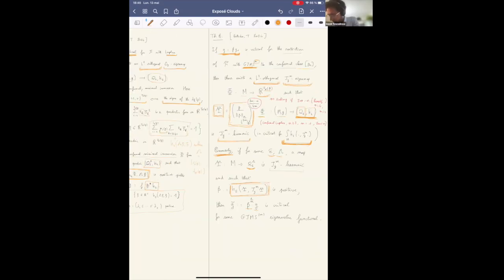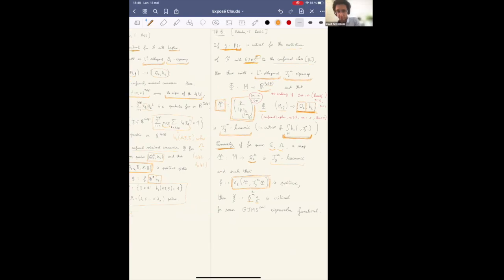Are there questions on this second statement? I think it should also be true for slightly more general conformally covariant operators, right? I mean, not just for GJMS. Yeah, it is. It is actually what we do in the paper. We prove a general statement for conformally covariant operators, and we deduce this statement from this general one.